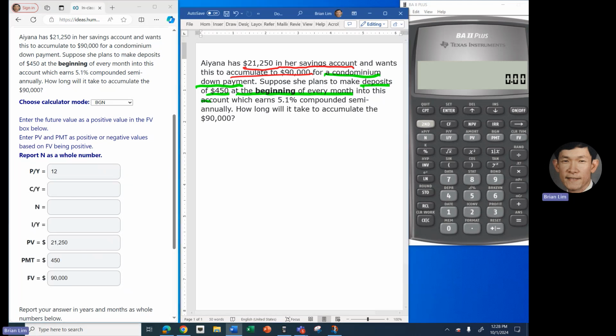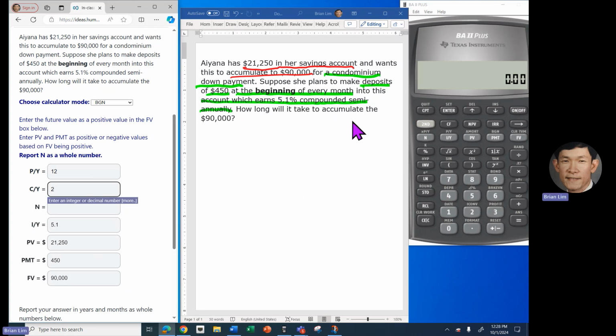Okay, the account earns 5.1% compounded semi-annually. So we will put 5.1 as the IY value, and since it's compounded semi-annually, CY will be 2.